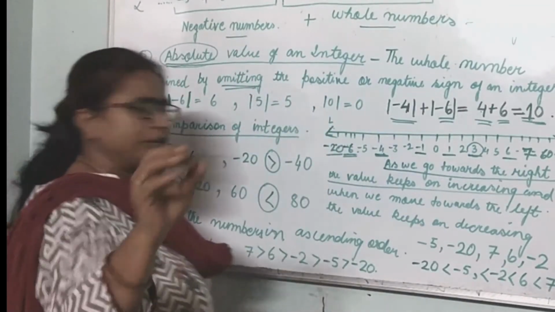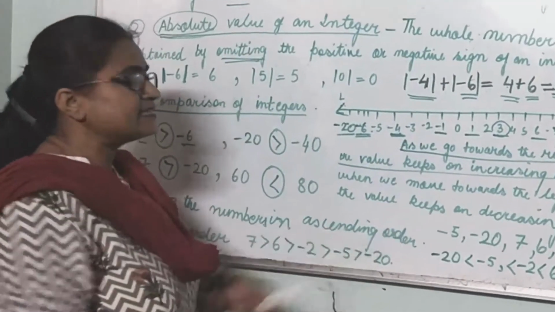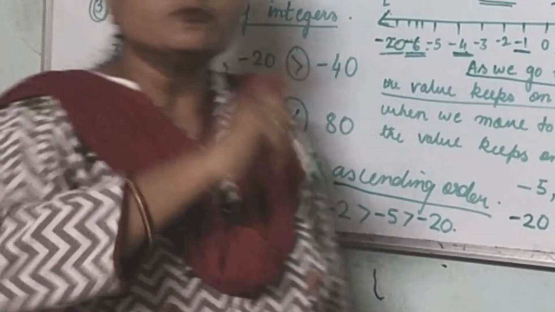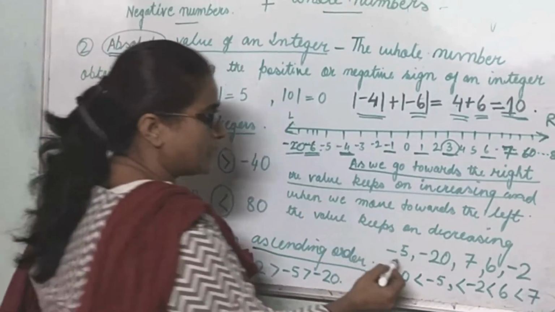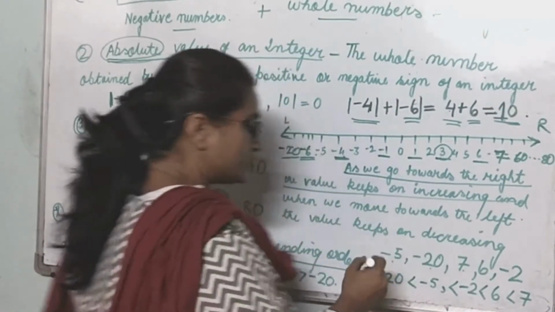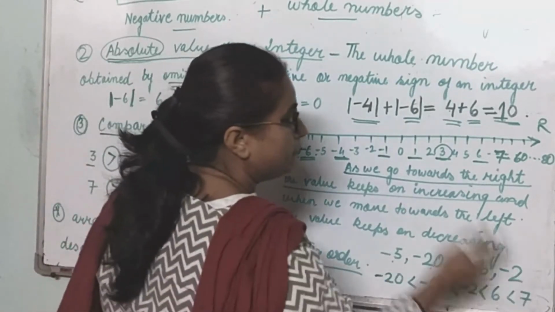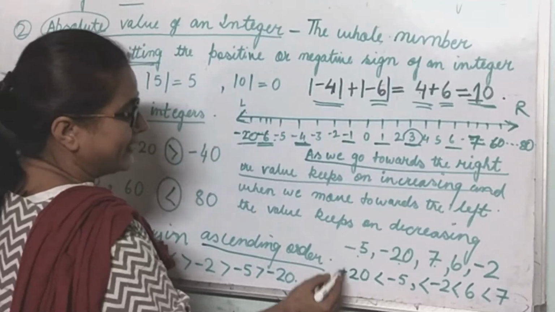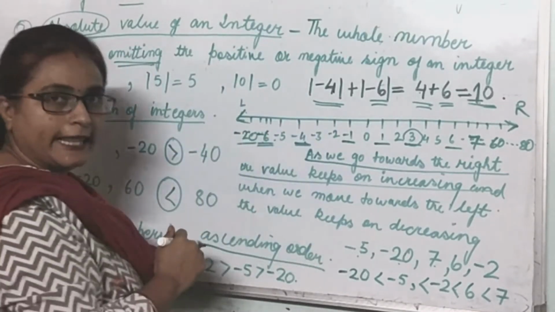Now suppose I ask you to arrange the numbers in ascending order. Ascending order means small to big. The numbers are minus 5, minus 20, 6, minus 2 and 7. If I form the number line, I will see that minus 20 is towards the left.